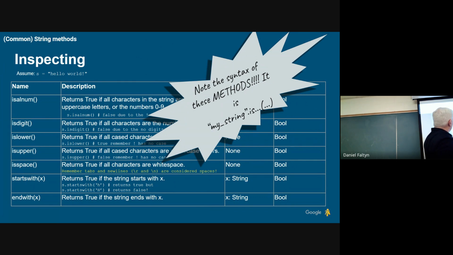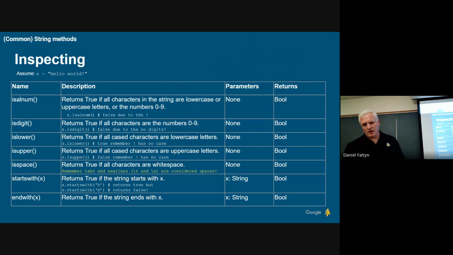So if I have the string hello world, this function is alnum, is digit, is lower. This one's kind of interesting. I haven't seen that in many other languages. It returns true if the characters are lowercase, uppercase, or numbers. Basically, it's anything but a symbol, really.